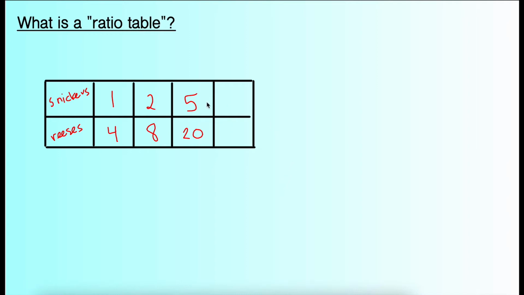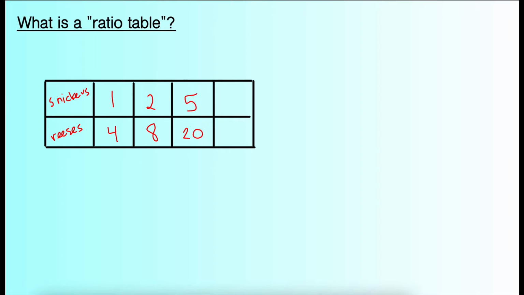So you can see from my ratio table that for every one Snicker you get when you are trick-or-treating, you get 4 Reese's because Reese's are superior. That would mean that for every 2 Snickers I get 8 Reese's. I went big. For every 5 Snickers I get 20 Reese's.